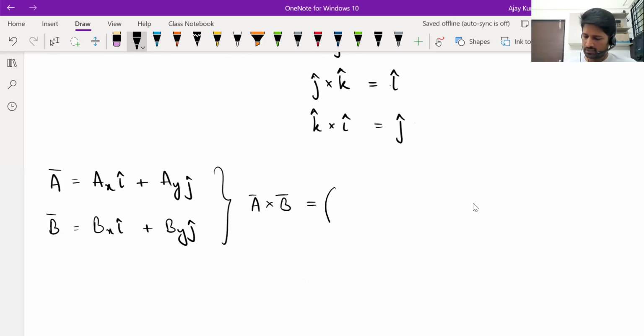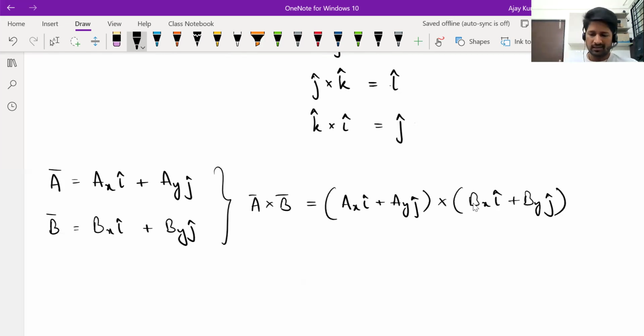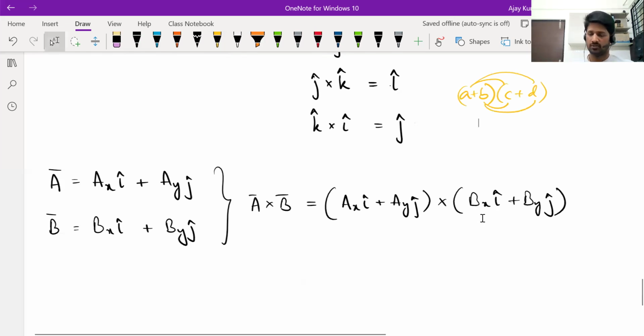All you have to do is write the vectors as it is first. And then, like in mathematics, how would you multiply A plus B into C plus D? You will do AC plus AD plus BC plus BD. Same thing you will have to do here also, but you will have to take cross product.